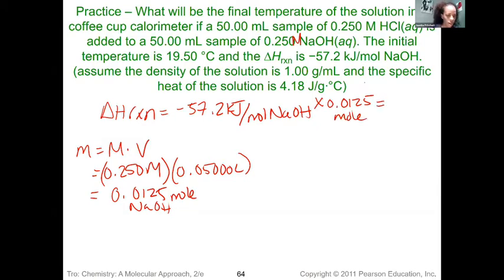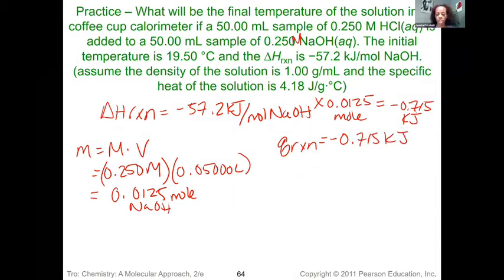So that would give us negative 57.2 times 0.0125, and that gets us negative 0.715 kilojoules. So that number would be equal to the heat of the reaction, because again, at constant pressure, that's all the enthalpy is equal to.